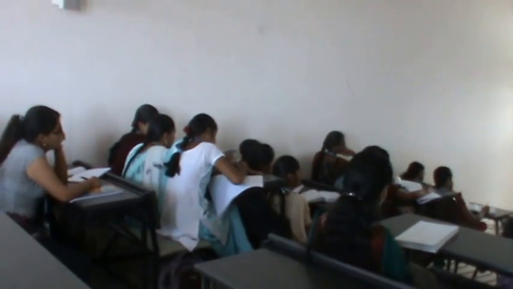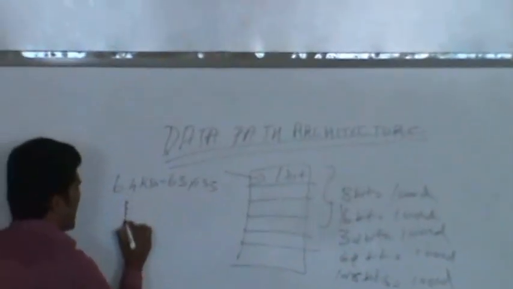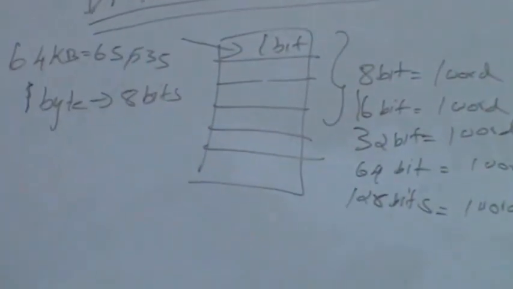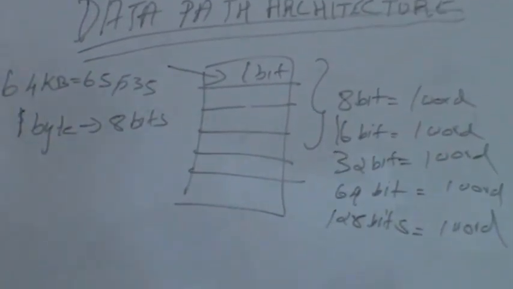Like that, we can also arrange 64 bits and 128 bits to form one word respectively. But always one byte is 8 bits. So the byte remains constant and the word changes.